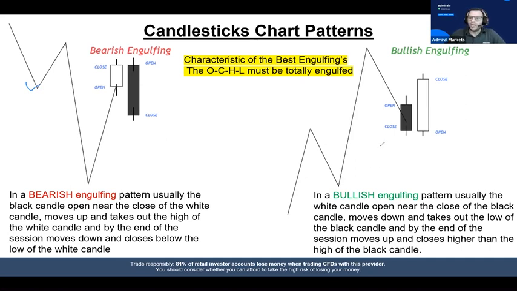Then the bullish engulfing. I assume that everyone understands that this is an uptrend, right? We have a series of higher highs, and then we have higher lows, correct, guys? Now we are going to see an uptrend example. In an uptrend, we will be alert at the previous swing point to see strong price action.